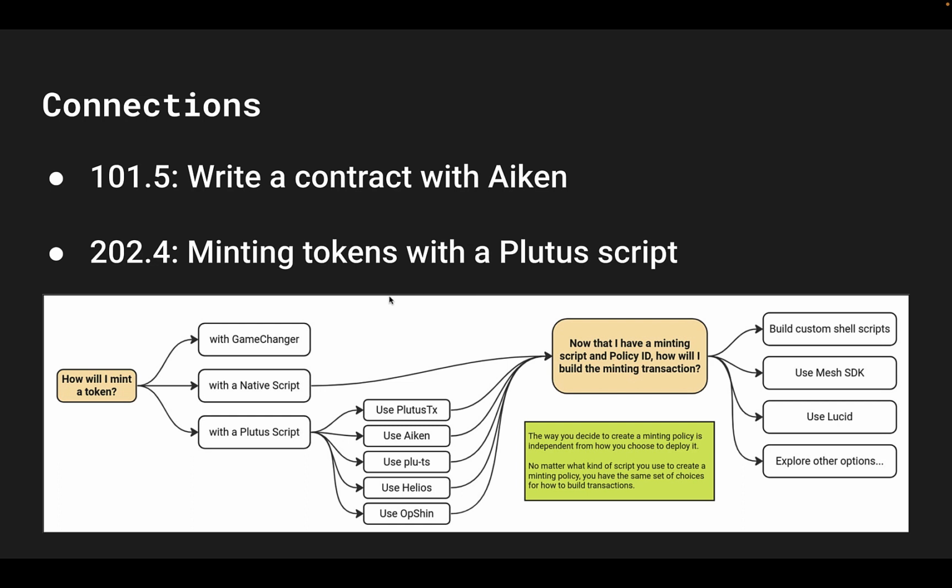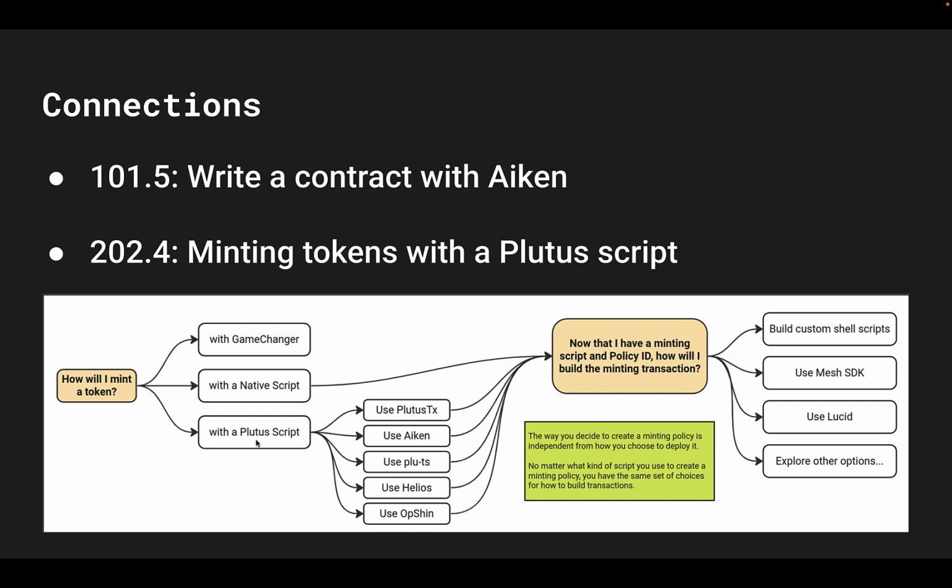I'm sharing this diagram to help make a really important point. There are several different ways to create a policy ID that can mint a new token. Game Changer automates all of the steps, but if you want full flexibility, you may decide to create your own native scripts or Plutus scripts.